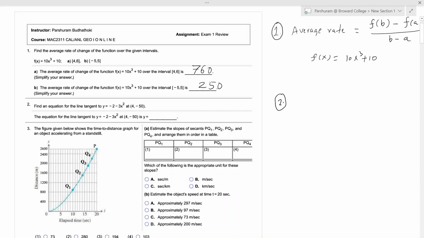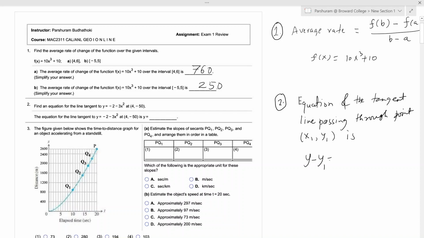If you remember the equation of the tangent line passing through point x1, y1, it is y minus y1 equal m times x minus x1.